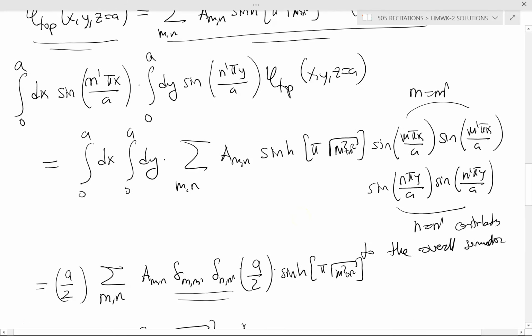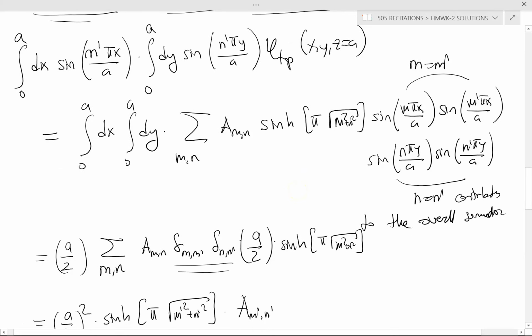So I need to do the very same process on the right side. The right side, if you are careful, now gives us the chance to take this AMN outside of the whole summation, due to the fact that the sine integrations of m and m prime can only be non-zero in the case m equals m prime.